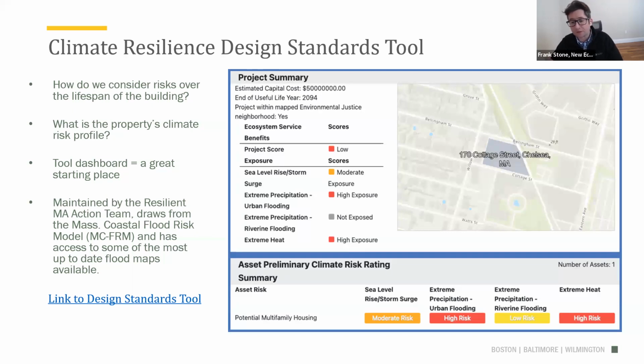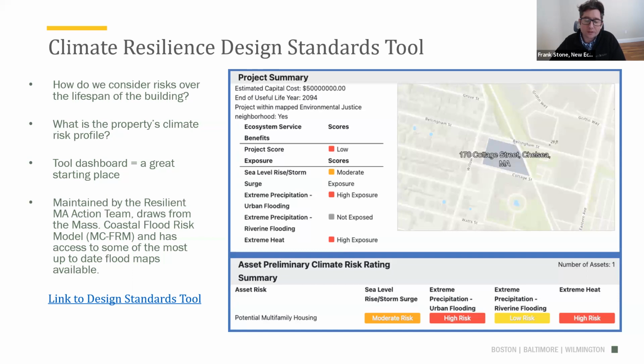If I can direct your attention to the lower right of the screen, it categorizes them in these 4 ways: sea level rise and storm surge risk, extreme precipitation risk and the flooding that comes from that, riverine flooding from extreme precipitation, and also extreme heat. For this particular property, what we see is that there's moderate risk from sea level rise and storm surge. There's high risk from flooding from extreme precipitation, and extreme risk or high risk from extreme heat.